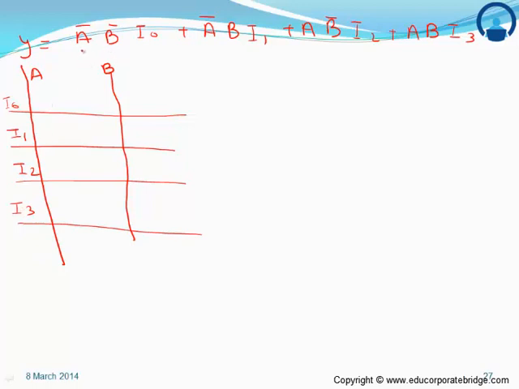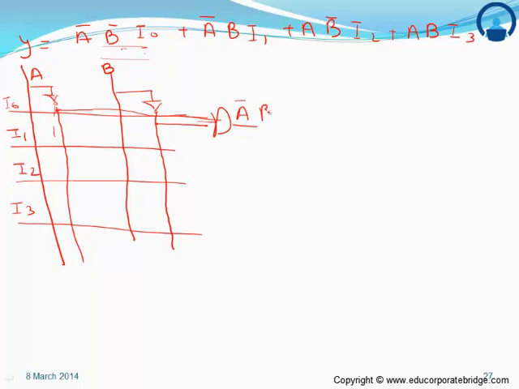Since we can see from this equation that it also has A bar and B bar, we need one more inverter so that we have A bar and its complement also. So for this equation we have A bar B bar I0, that is A bar, then B bar and I0.